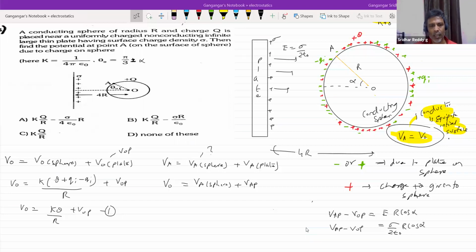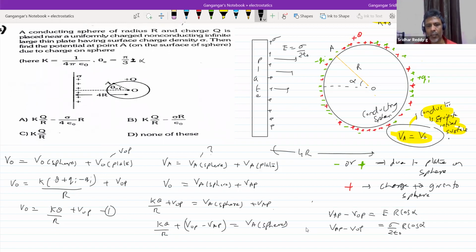Now we have the VOP value, so I'll substitute it here: KQ by R plus VOP minus VAP. Substitute all the values and you'll get the required answer.